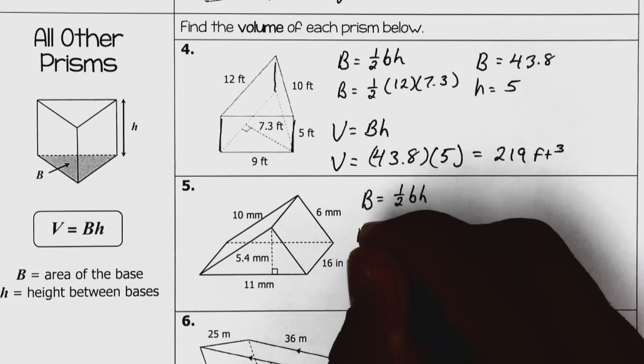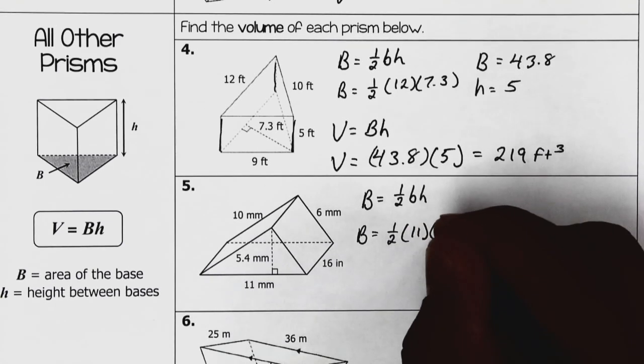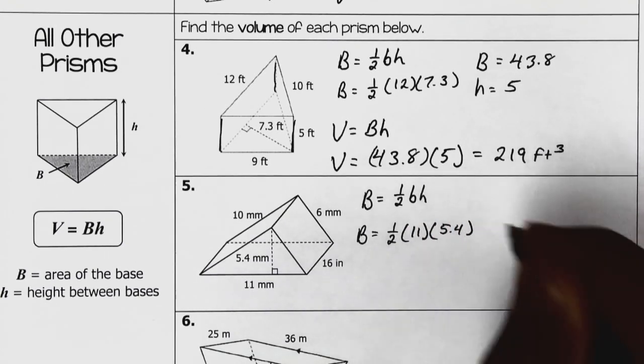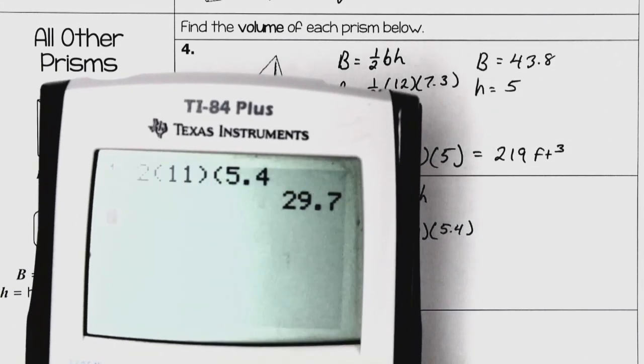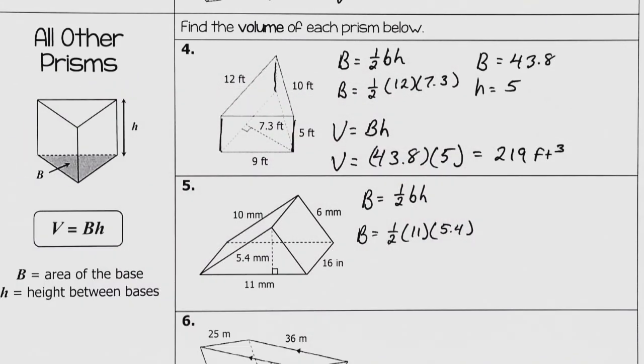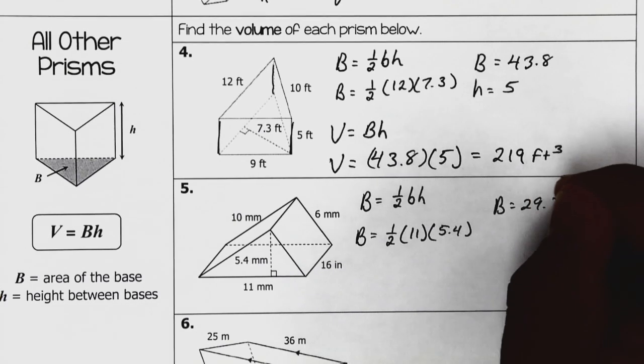So big B is equal to 1/2 times the base, which is 11, times the height, which is 5.4. All right, so that gives me 29.7. So big B is 29.7.